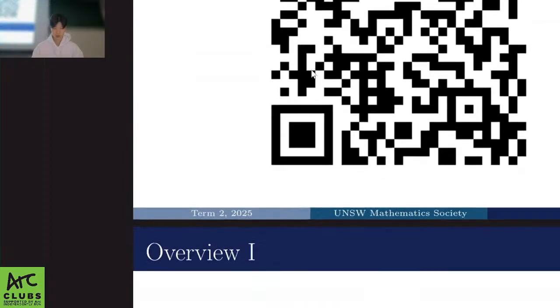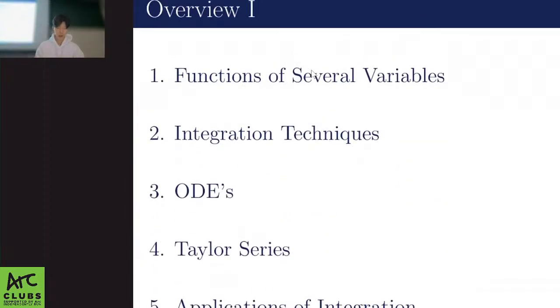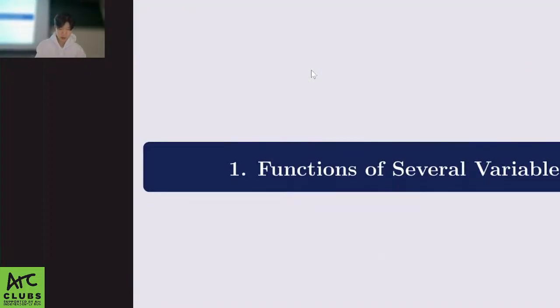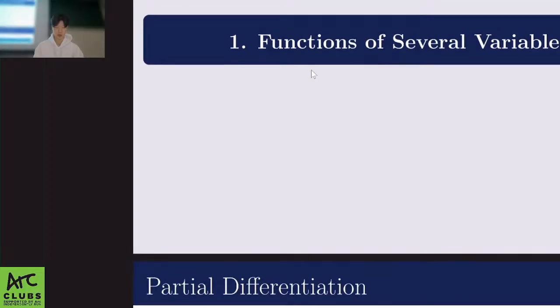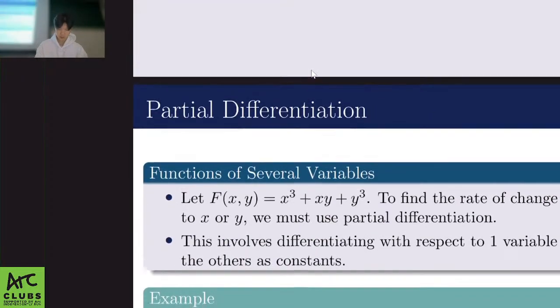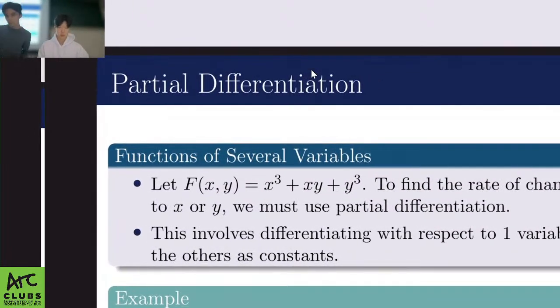Alright, let's get started with MATH1231 revision seminar part 2. So this is our overview of our topics. We'll start with the first topic, functions of several variables, starting with partial differentiation. Before this course, we've been looking at 2D curves with a function of just one variable, f of x.